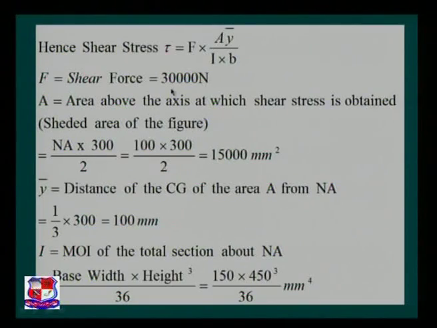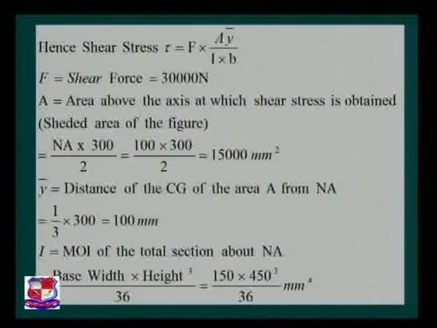1000 Newton. A is the area above the level of neutral axis, because our intention is to find out the shear stress at the neutral axis.